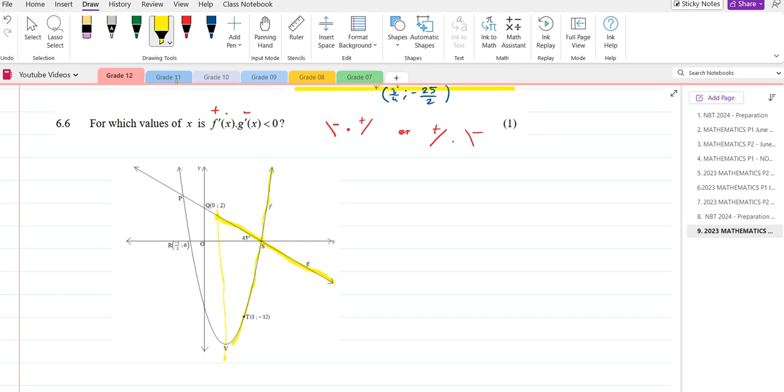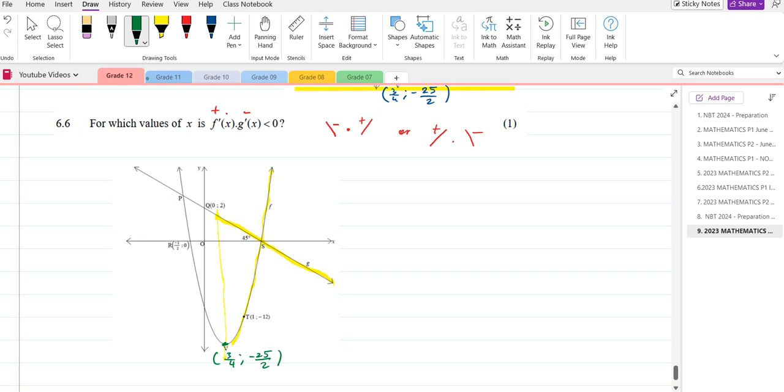So what do you think the answer will be here? Okay, so the answer over here will be, after the turning point, 3/4 and minus 25 over 2.